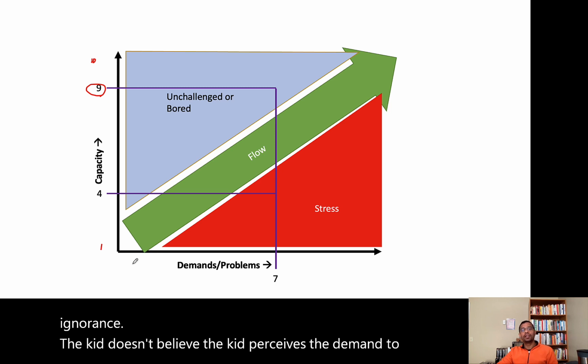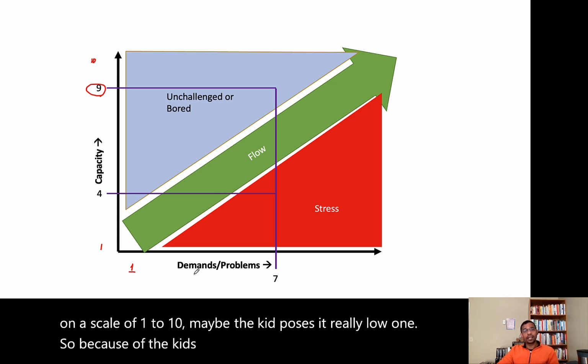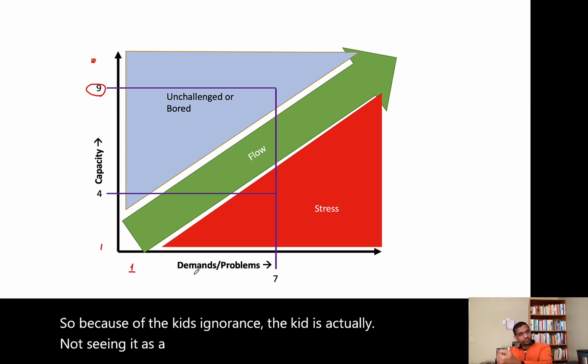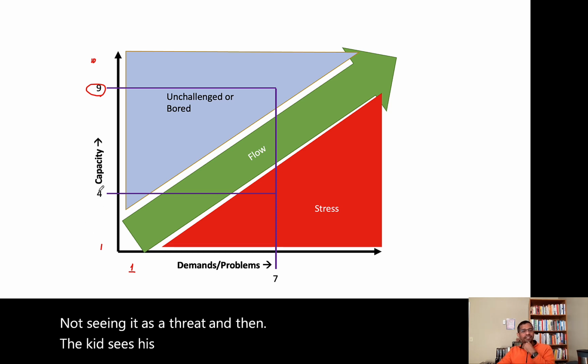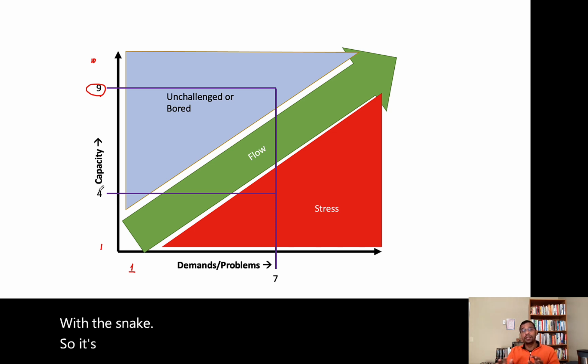So on a scale of 1 to 10, maybe the kid perceives it really low, 1. Because of the kid's ignorance, the kid is not seeing it as a threat, and the kid sees his capacity to be much higher. So the kid is actually playing with the snake. So it's all about perceived demands and perceived capacity.